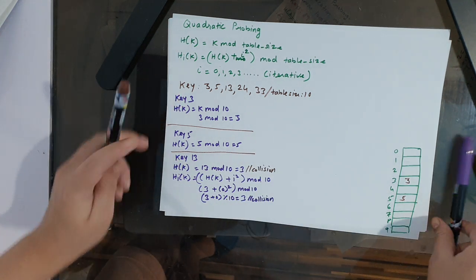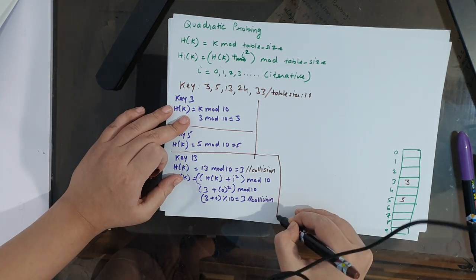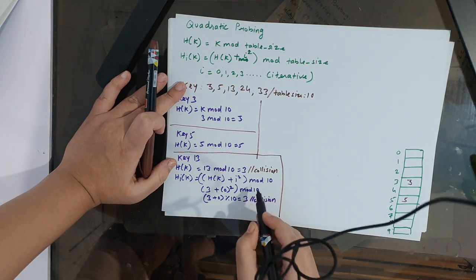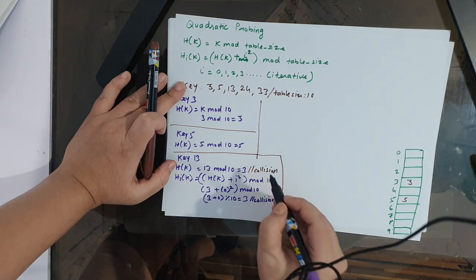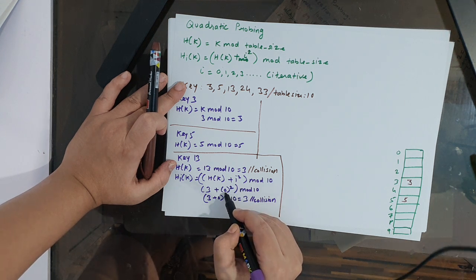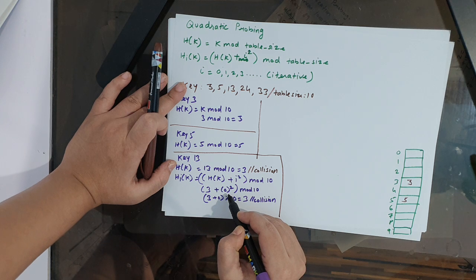This is not acceptable. So the next thing that we do is go to the next part. Again, we increment our i. Previously i was 0, so once we increment it, it will become 1.